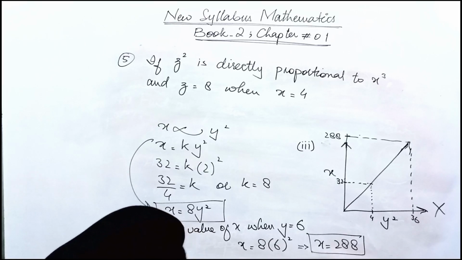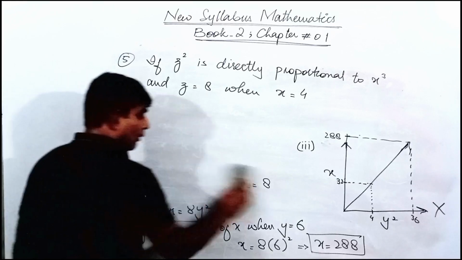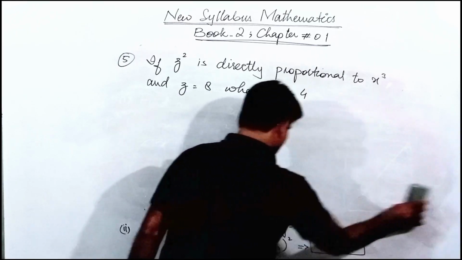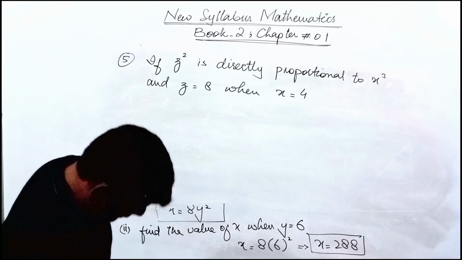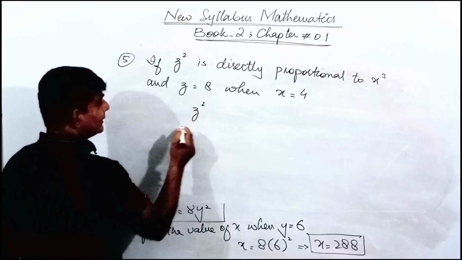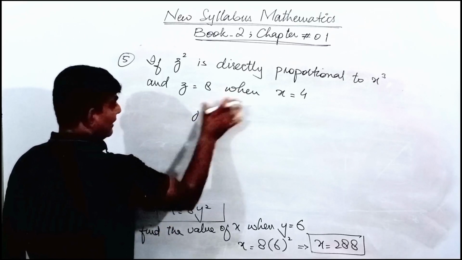Find the value of z when x equal to 9. Now listen, the relation between these two quantities, z square. Okay, first write down.